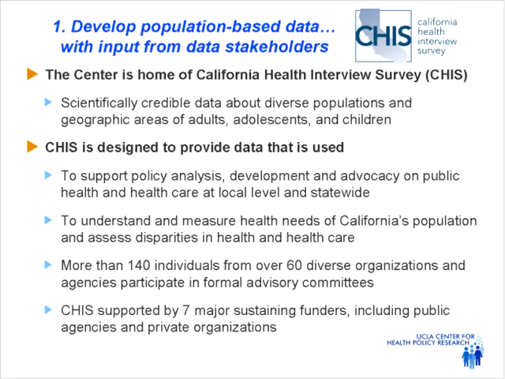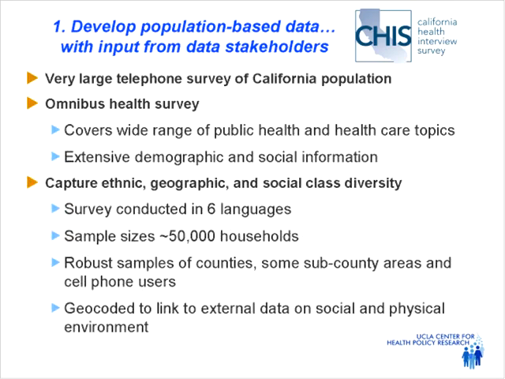So there's a wide group of stakeholders that informs the development of the survey, which is our way of making sure that we're responding to both upcoming policy developments and making sure that the contents and the way we're delivering it is relevant to the key stakeholders throughout the state and at every level, from community organizations to clinics to government agencies and so forth.